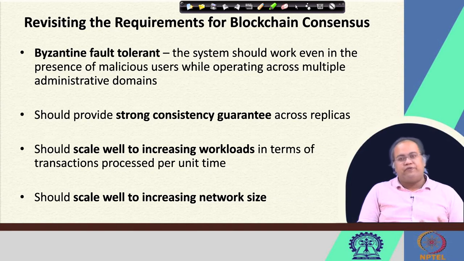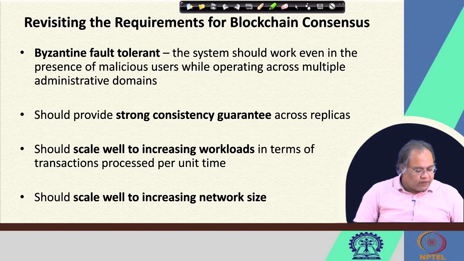On the other hand, the proof of work type of algorithm can really support a large number of participants, a large number of peers in the network, but it does not scale well in terms of transaction throughput, the amount of transactions that can be processed per unit time. So, I have a trade off between PBFT and proof of work, and we need to design a protocol that can balance these two.